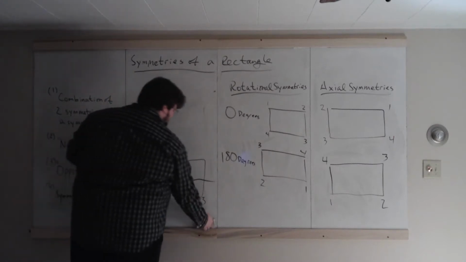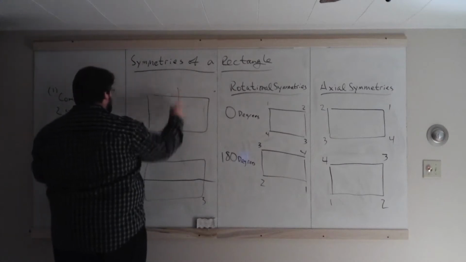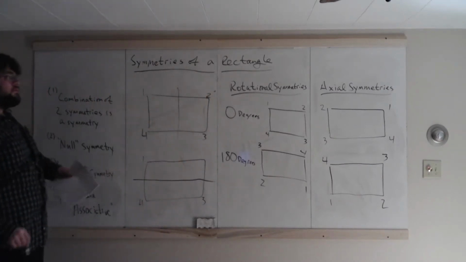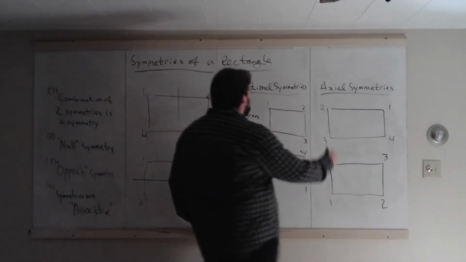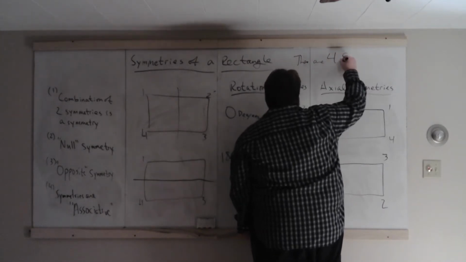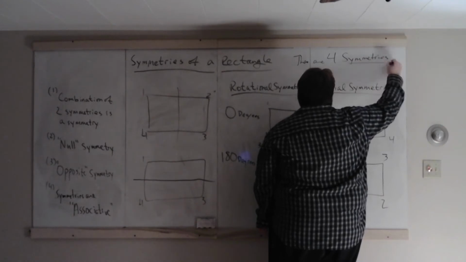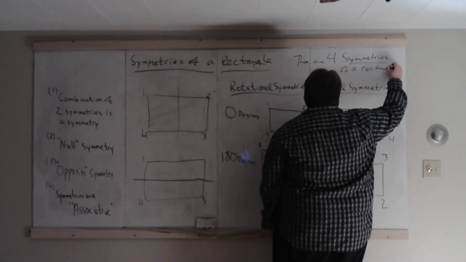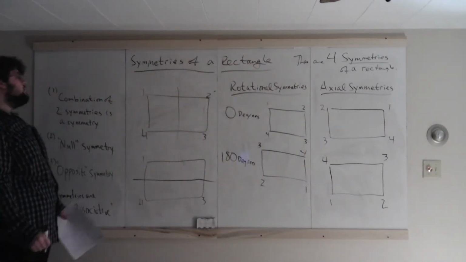But here, for a rectangle, we just have these 2 axial symmetries and the 2 rotational symmetries. So notice, as a conclusion, there are 4 symmetries of a rectangle.